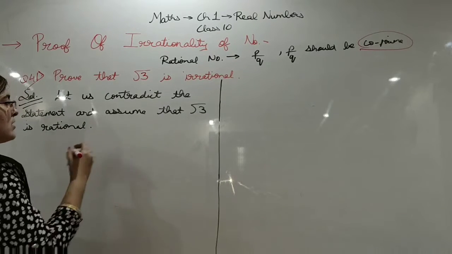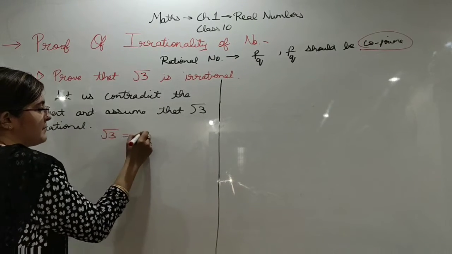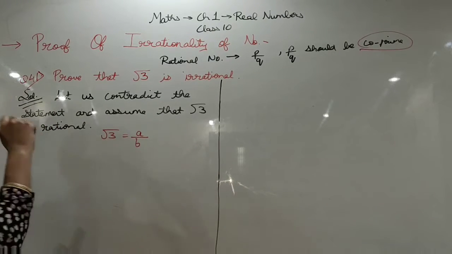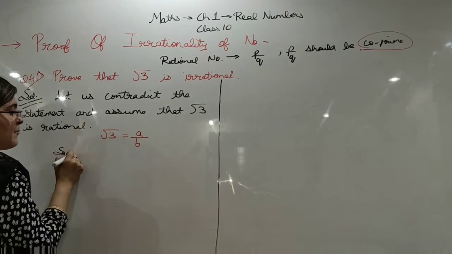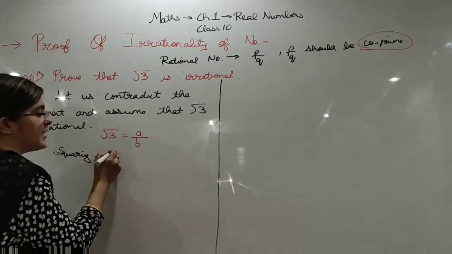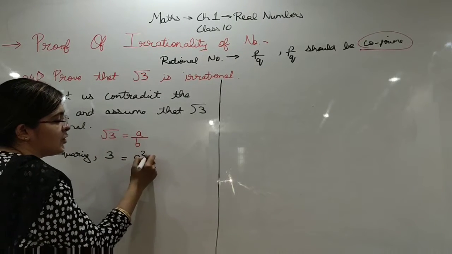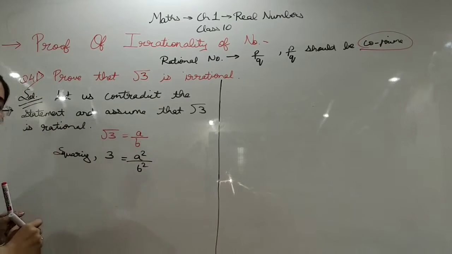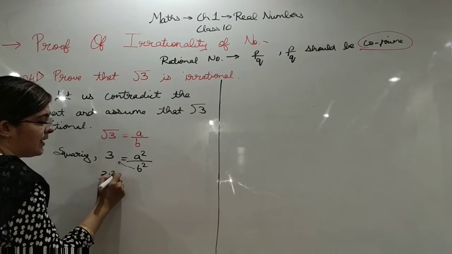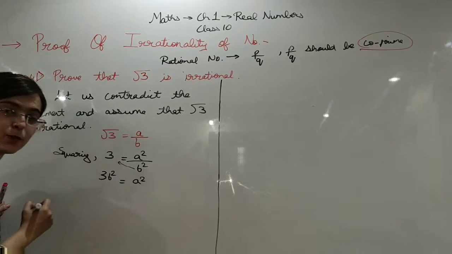We can write root 3 in the form of a by b. Now what we have done, remember the steps. Squaring both sides. Square of root 3 will be root 3 into root 3. 3 is equal to a square upon b square. Now bring b here in the next step. It will be 3b square is equal to a square.